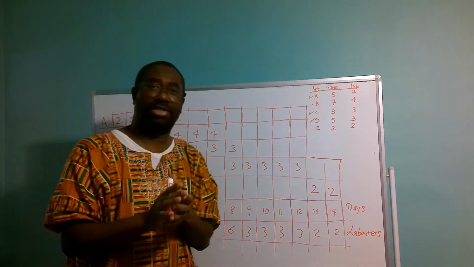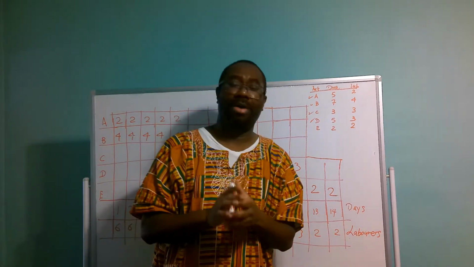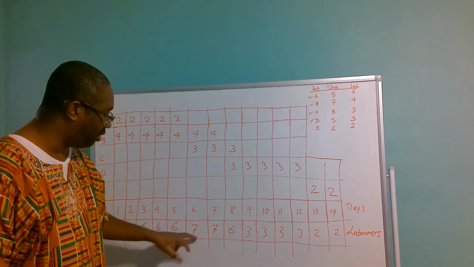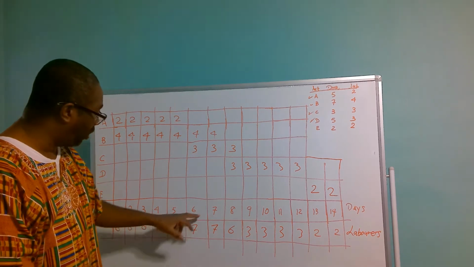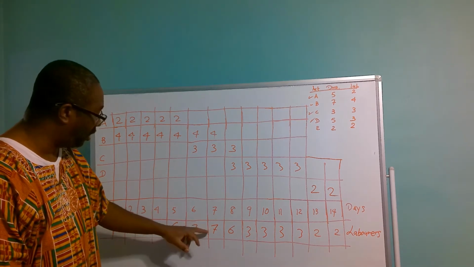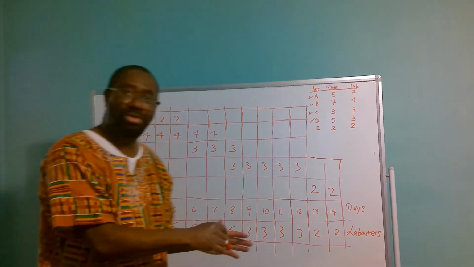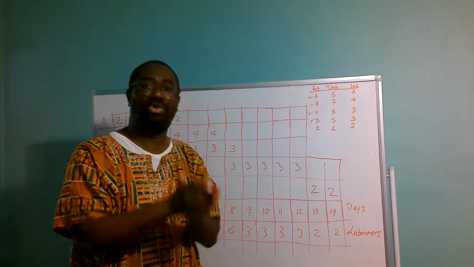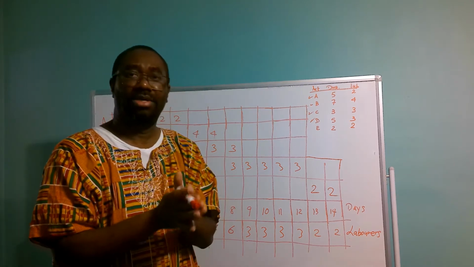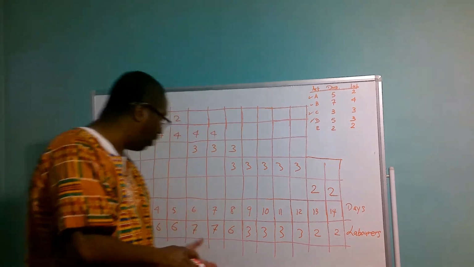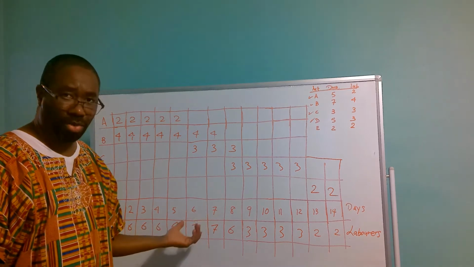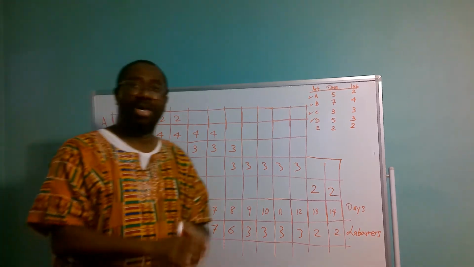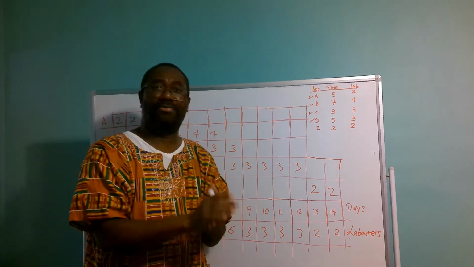So the contractor now will have to come up with ways and means to bring down these 2 days of 7 laborers to 6 laborers, because he doesn't want to use more than 6 laborers on any given day, and it's already over by 1 on day 6 and day 7.